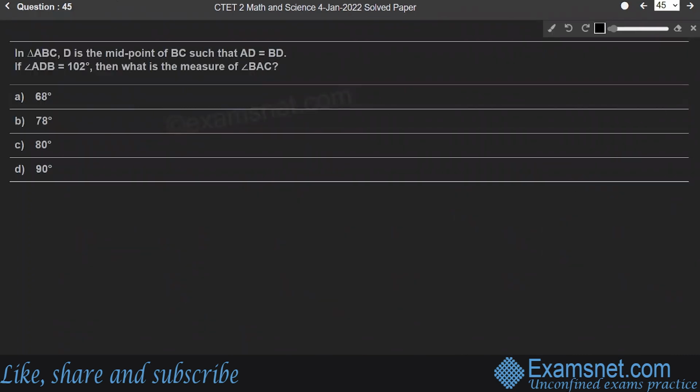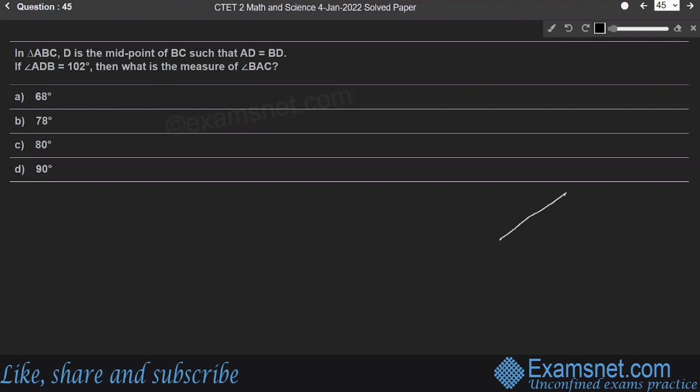Question number 45. In triangle ABC, D is the midpoint of BC such that AD is equal to BD. If angle ADB is 102 degrees, then what is the measure of angle BAC? Consider a triangle ABC.